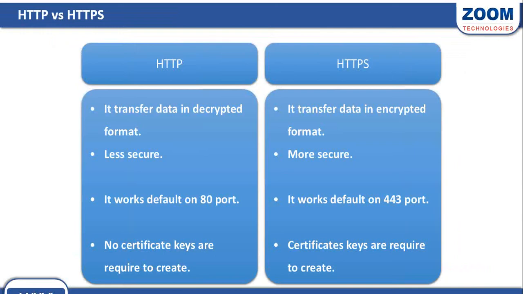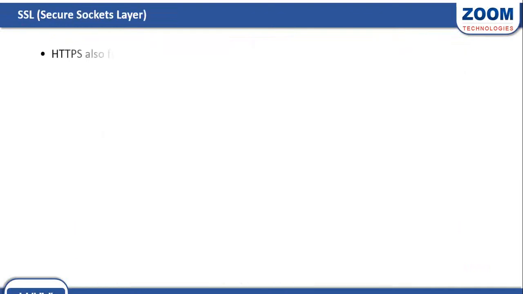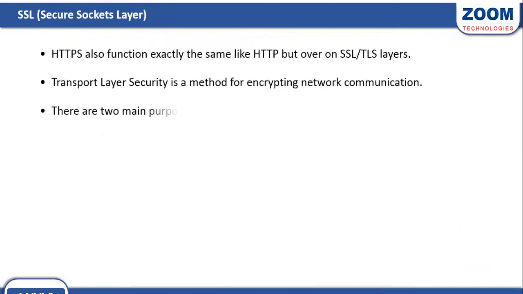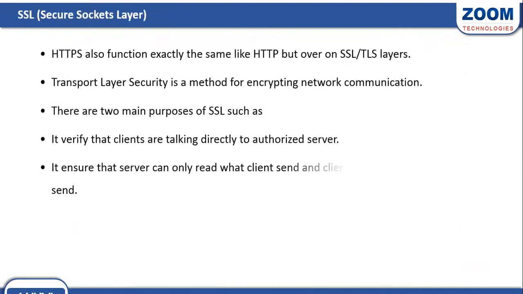So HTTPS works the same as the HTTP protocol, but over SSL and TLS layers, Secure Socket Layer and Transport Layer Security. Transport Layer Security is a method for encrypting network communication.